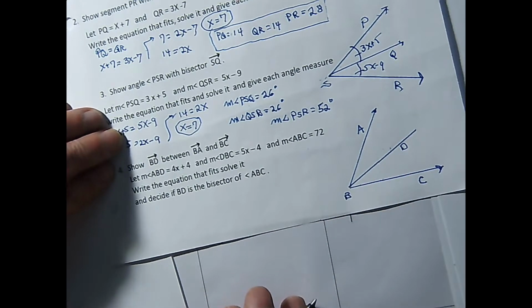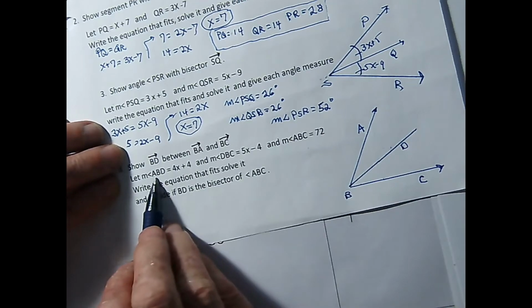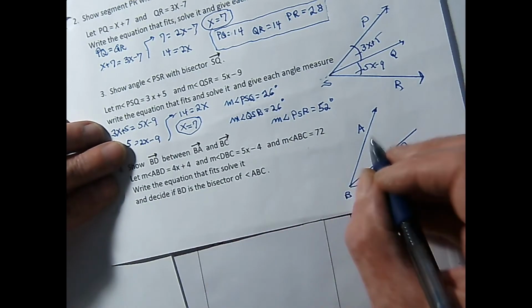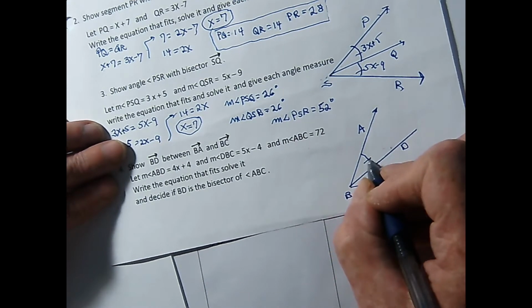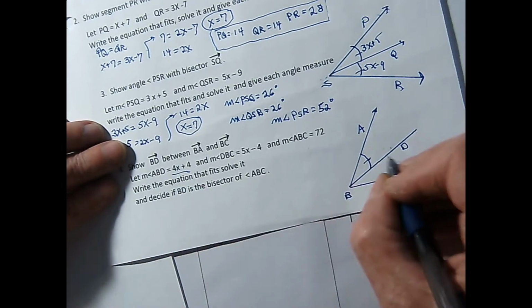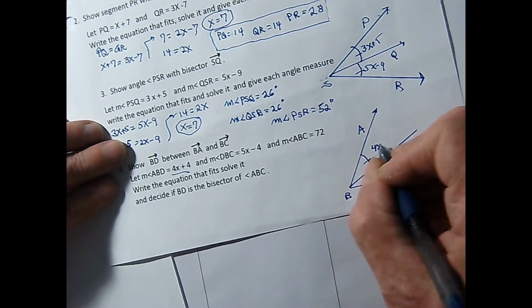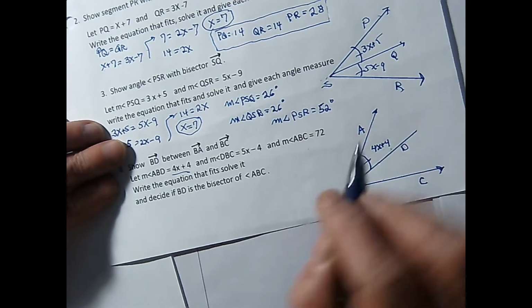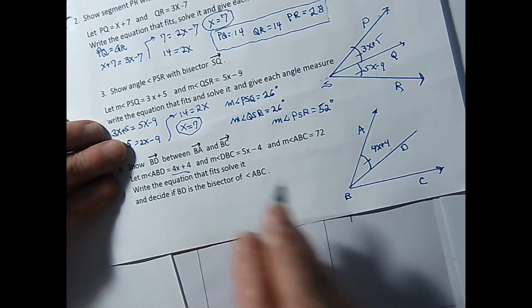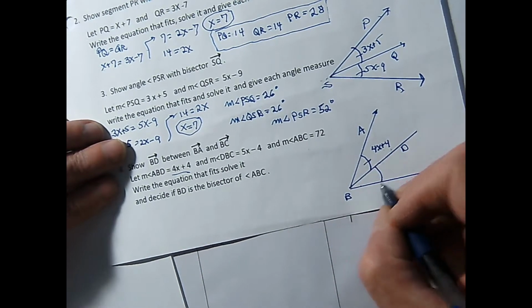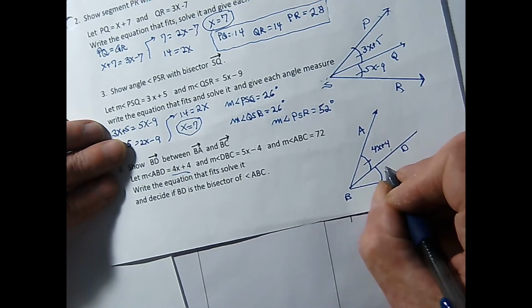between BA and BC. Let the measure of angle ABD, that's this one, be 4x plus 4. And the measure of angle DBC, well, that's this one here, huh? That's 5x minus 4.